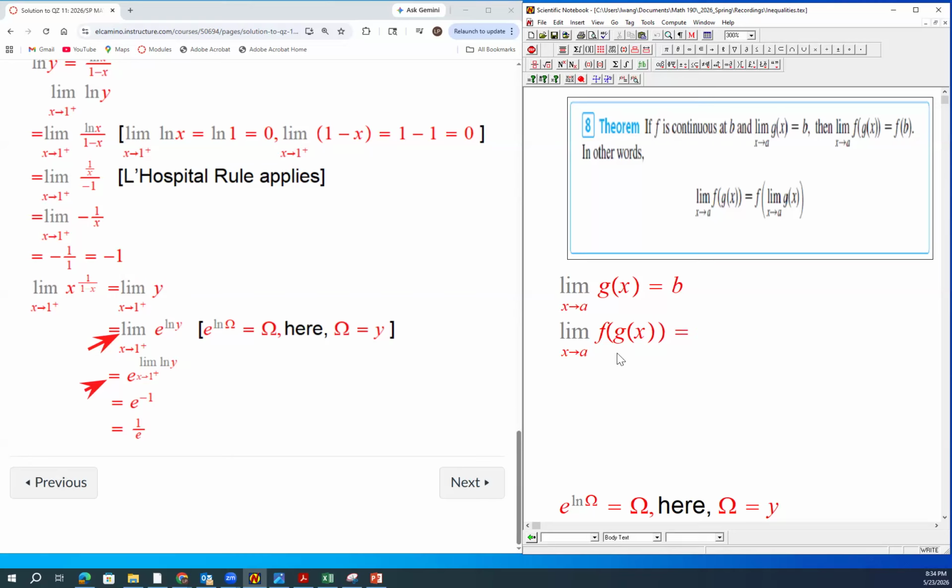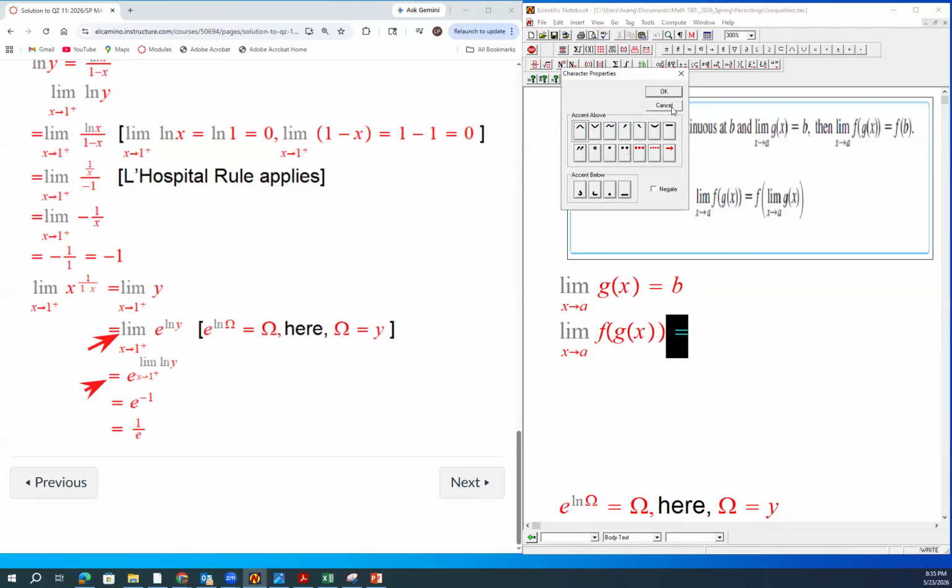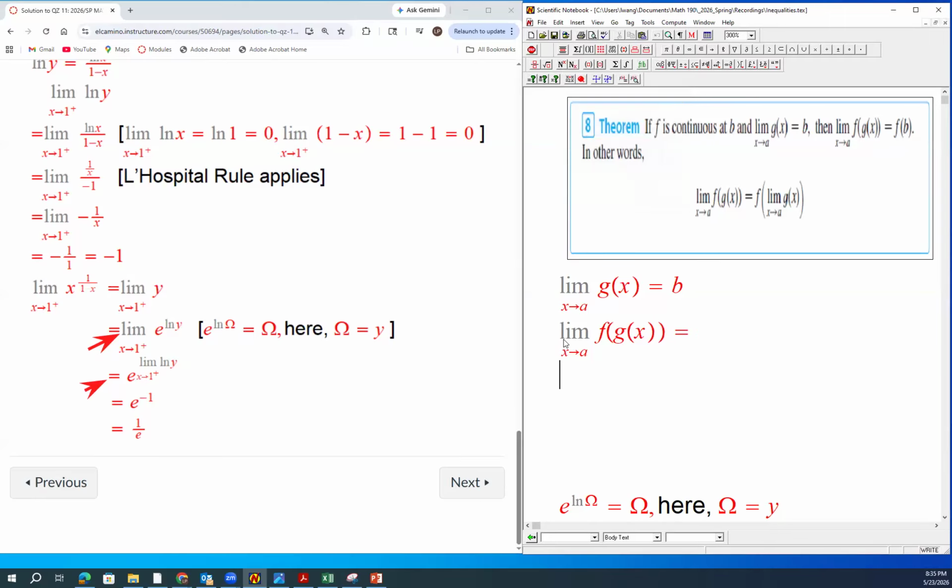Then remember, g is the input for f. So when we take a limit like this, we're taking the limit of the output of f. g is the input, f of the parentheses is the output. This theorem says you can take the limit from output and on input, and you will get the same limit.